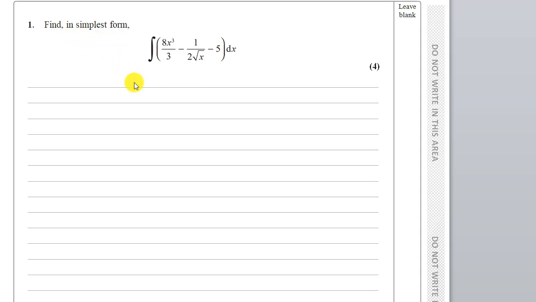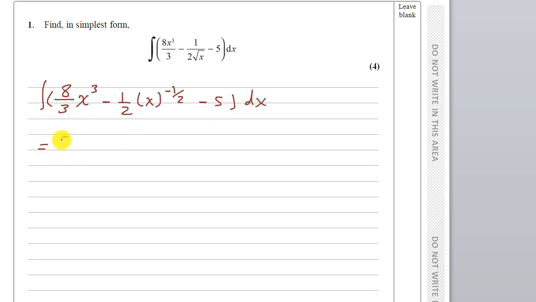Find in simplest form the integral of 8x cubed divided by 3 minus 1 over 2 square root of x minus 5. So the integration is 8 over 3 x cubed minus half x to the power minus half minus 5, all of them dx.